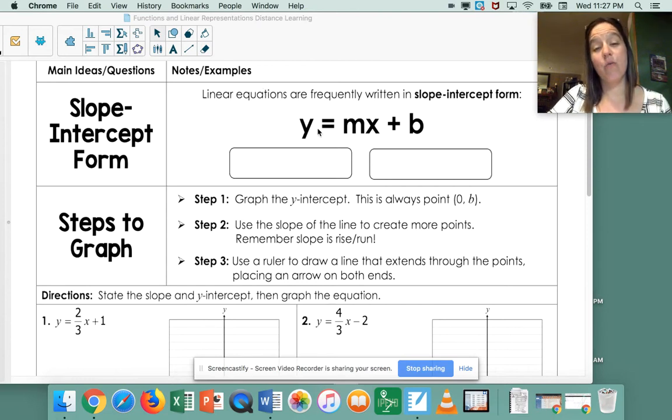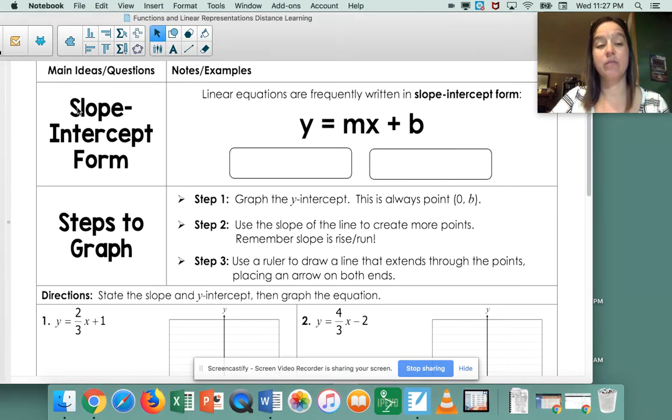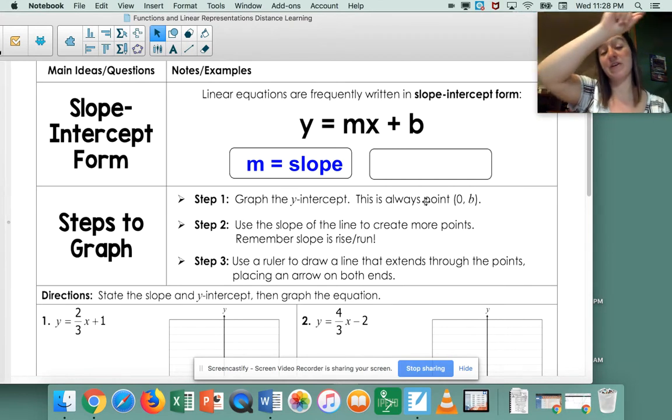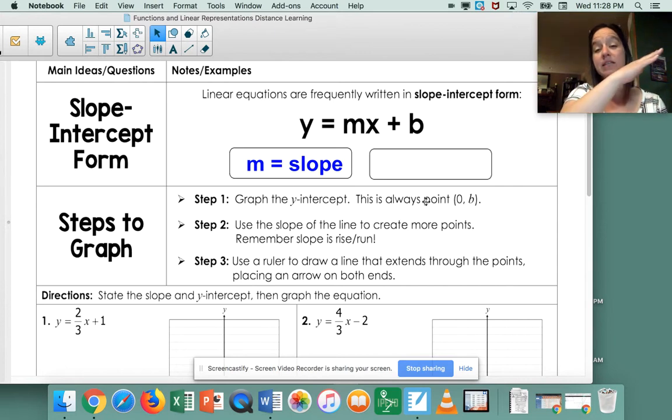So y equals mx plus b is what's called slope-intercept form, and it's really important that we understand that. We have to know that the m is in reference to the slope. That means my m is telling me how far to go up, how far to go over, whether it's a positive slope or a negative slope.